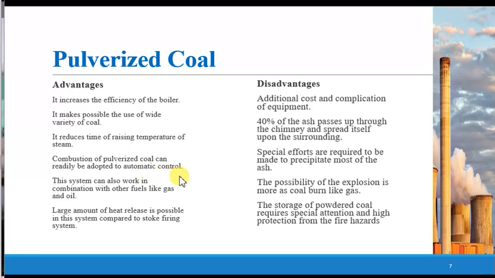Because of the powder form of the coal, it is easy to use something like a carrier for the coal, and it's easy to make it automatic, and the burning has some regularity. So it is a very important advantage of pulverized coal.